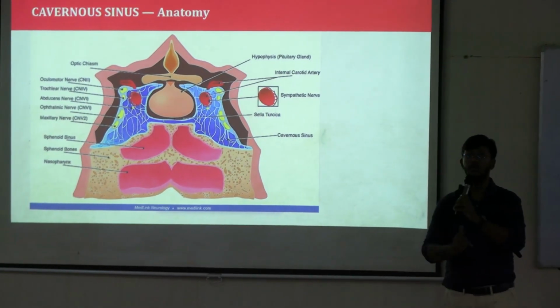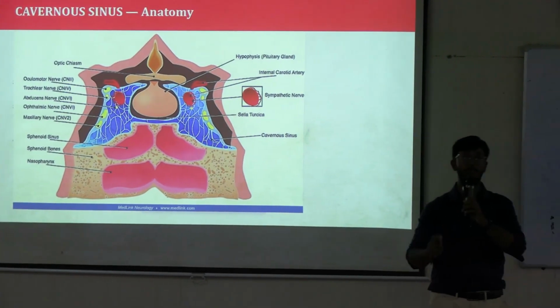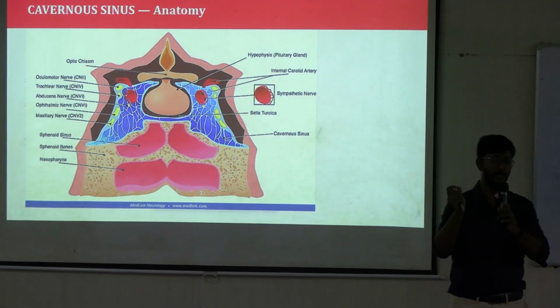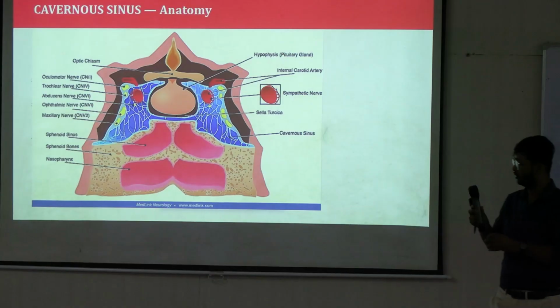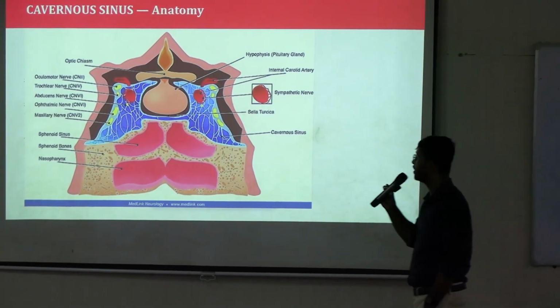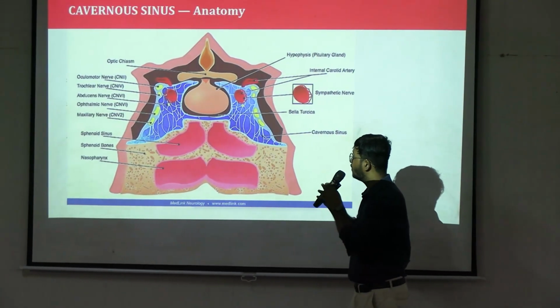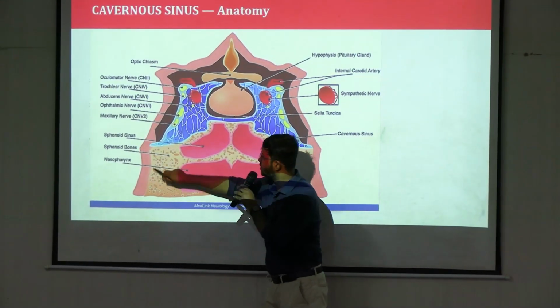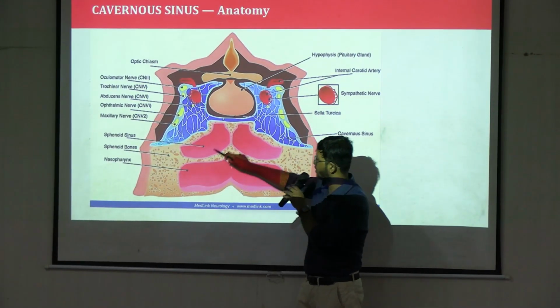So don't confuse it with the optic nerve. Optic nerve is cranial nerve 2. Ophthalmic nerve is part of cranial nerve 5. Then we also have the maxillary nerve. And inferiorly, we have the sphenoid sinus and the sphenoid bone. This is the sphenoid bone having this sphenoid sinus.